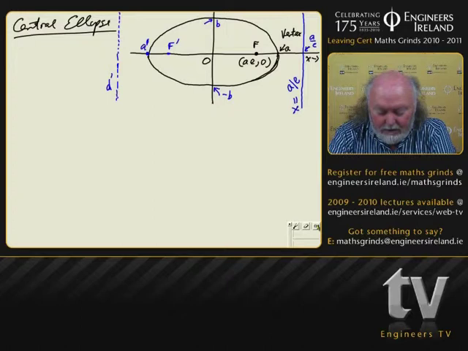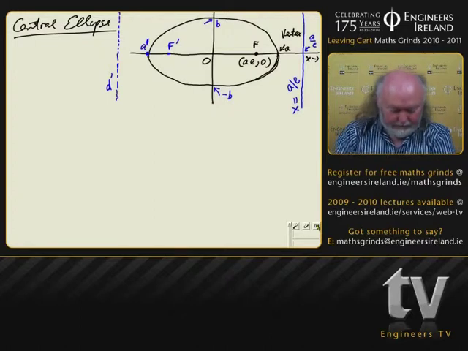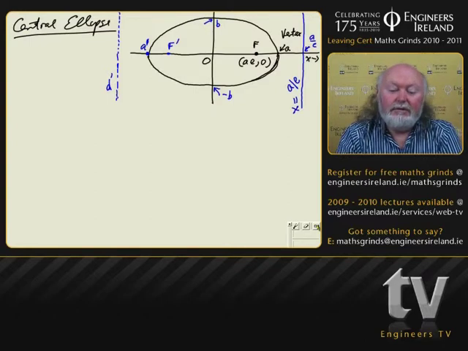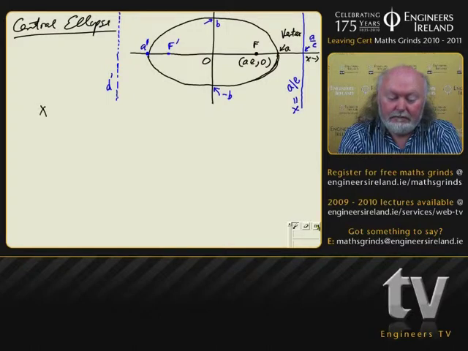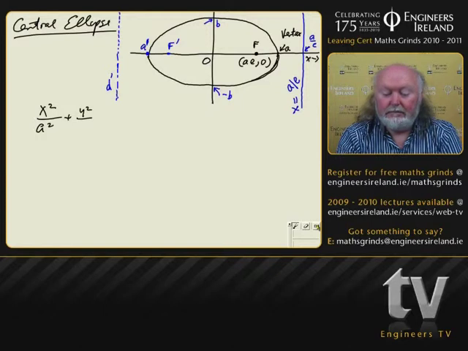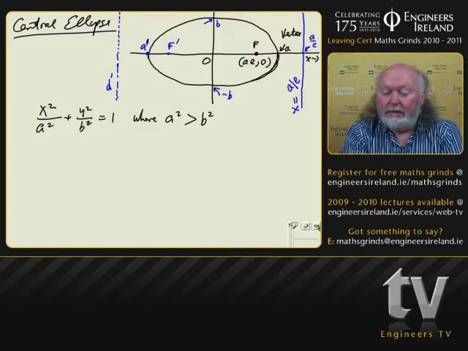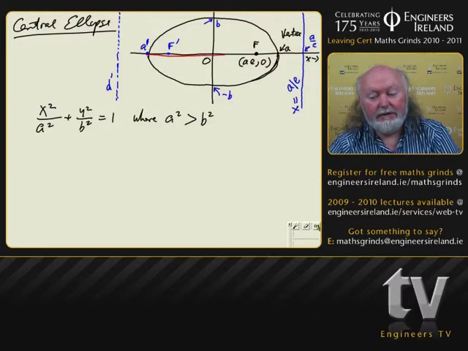What else do you need to know? The general equation for a central ellipse, where a squared is greater than b squared. You will see in the diagram here that is the major axis, it's the bigger axis.